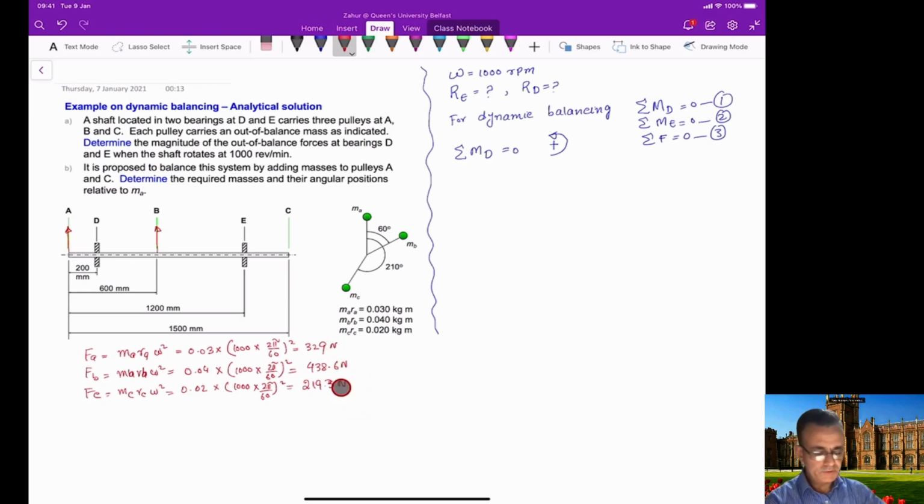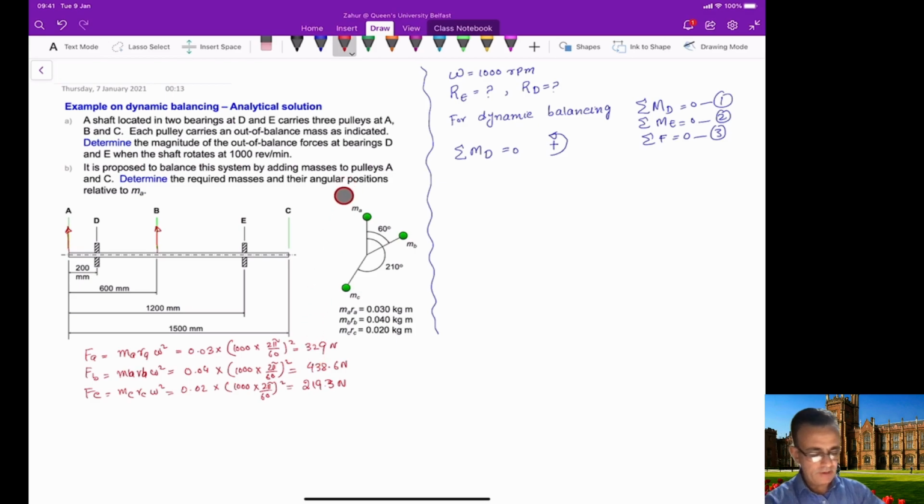Now from these forces, you can calculate the moments. As we know, FA is positive here, which is 329 Newton, and we are taking the counterclockwise moment as positive. So this positive force will create a clockwise moment, which will be negative.